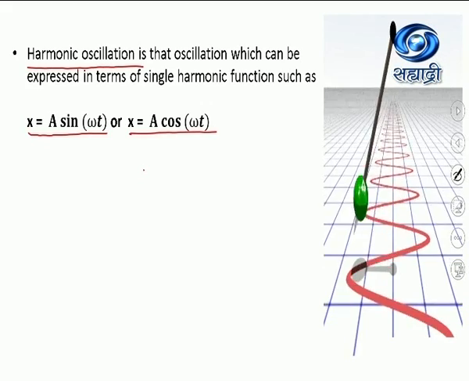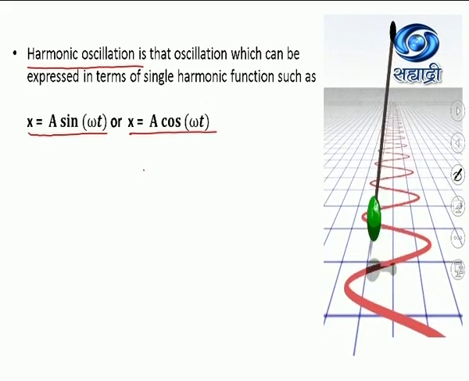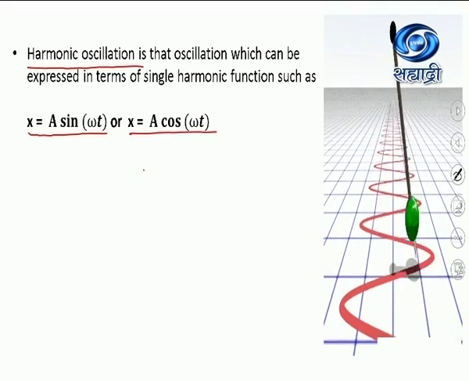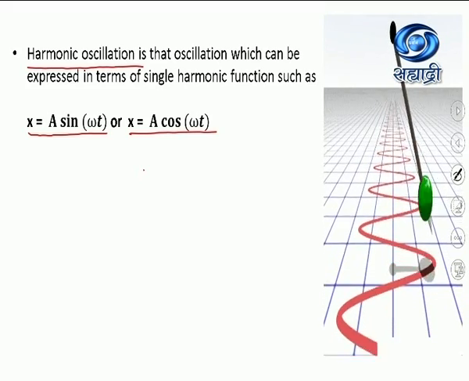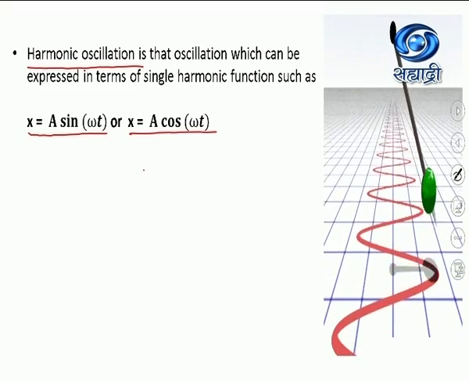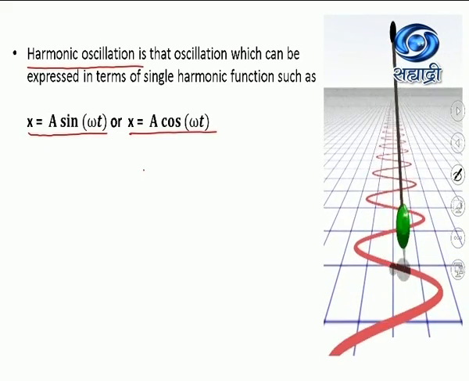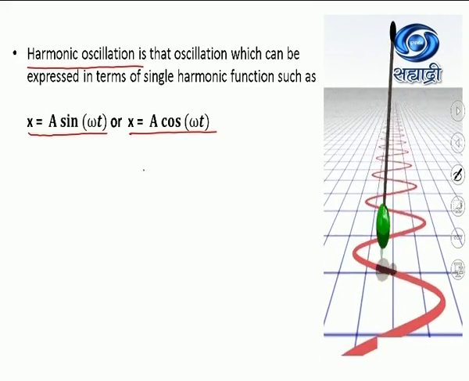Hence it is very clear that the simple pendulum, as observed in the diagram, is performing oscillatory motion which is harmonic in nature, because its displacement is either expressed as a sine function or a cosine function.